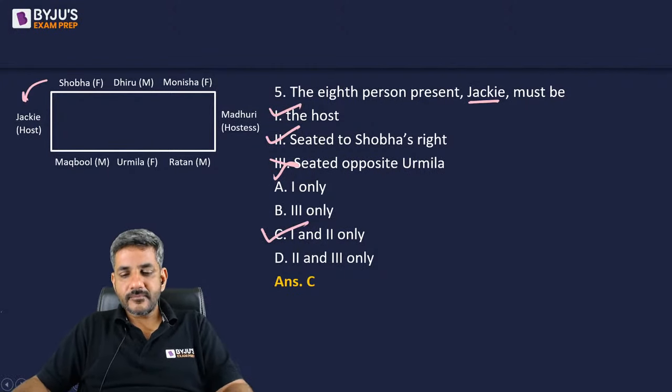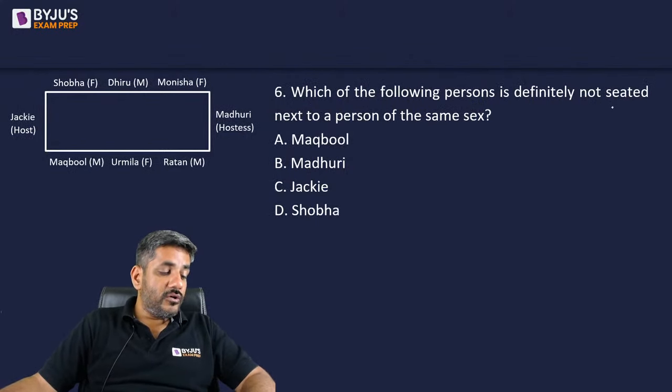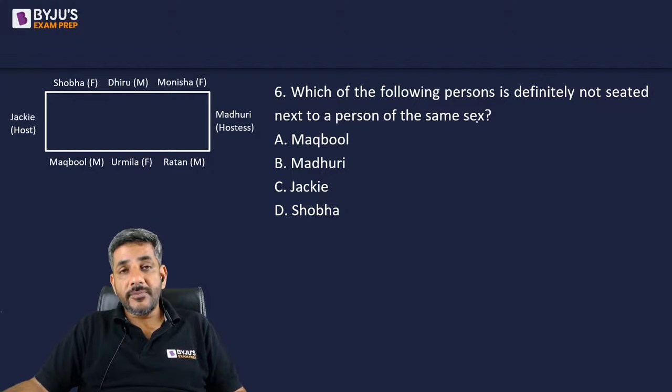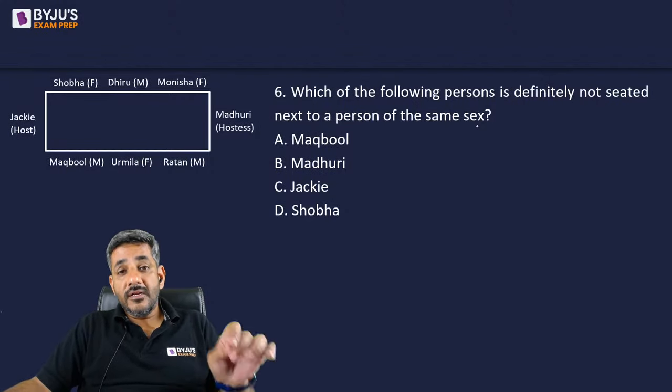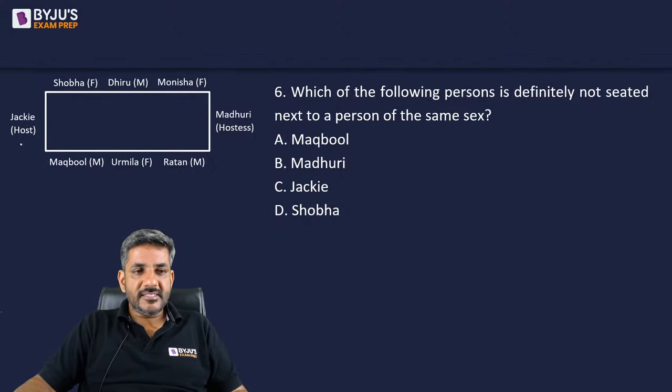Okay. Next question. Which of the following persons is definitely not seated next to a person of the same sex? Makbul. Is he seated next to a person of the same sex? He has a male on one side, female on the other side. No. Madhuri has female on one side, male on the other side.